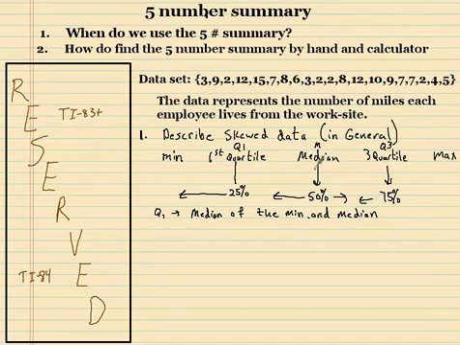So if you found the median and you know the min, to find Q1 you'd find the median of this and this. We're not actually going to do it, but we'll just have our calculator do it.